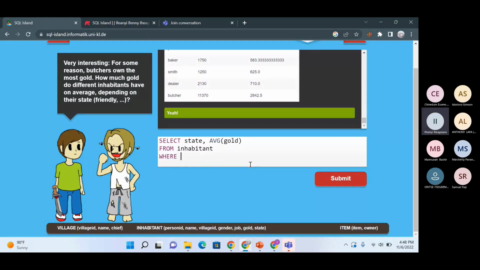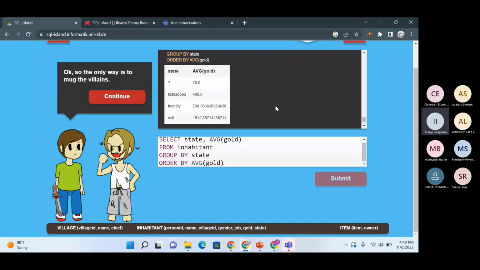Okay, so we're grouping it based on states, and also sort it by the average. Okay, so we sort it out.